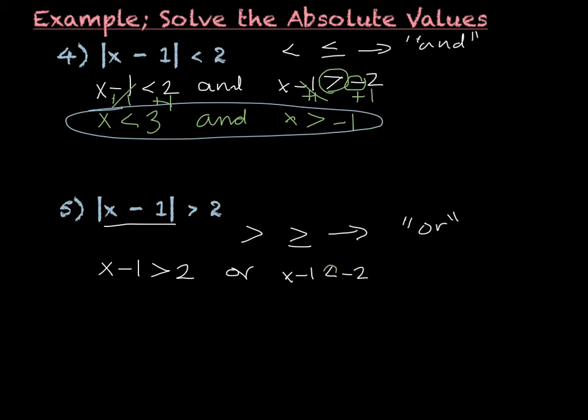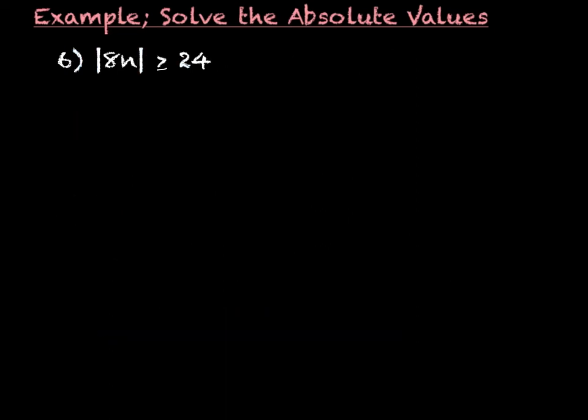Okay, so I flipped the inequality over and I flipped my sign from positive to negative. So what I have is, if I add the 1, x is greater than 3, or add the 1, x is less than negative 1.